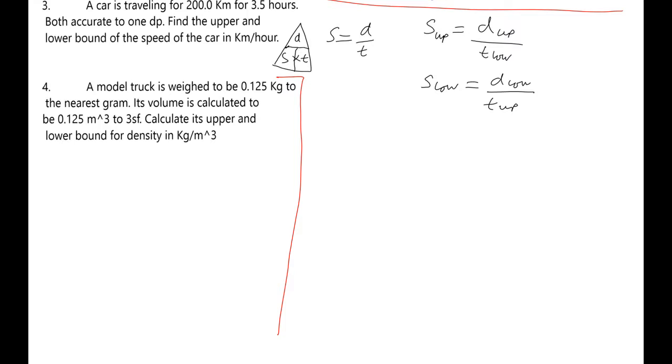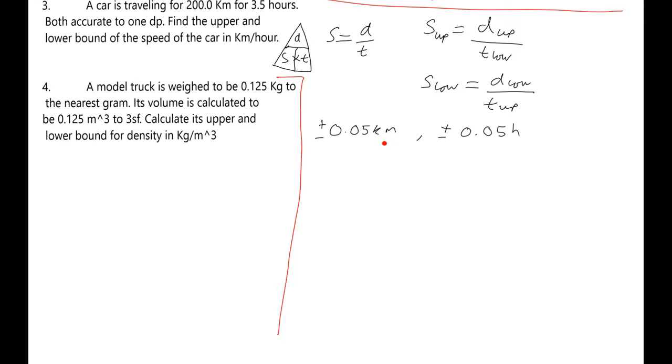So we were correct to 1 decimal place for distance, so therefore we're going to have plus or minus 0.05 kilometers, and we're going to have plus or minus 0.05 hours. Now remember, this is 3.5 hours, as in 3.5 hours, not 3 hours and 50 minutes.